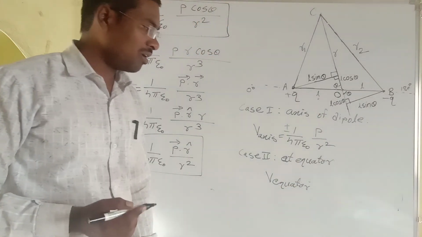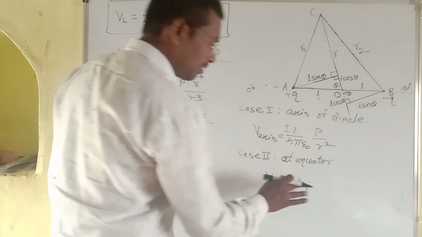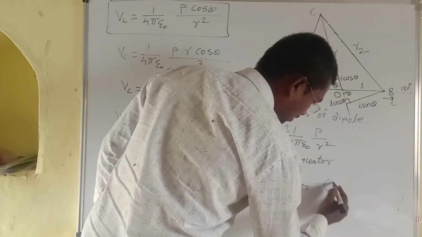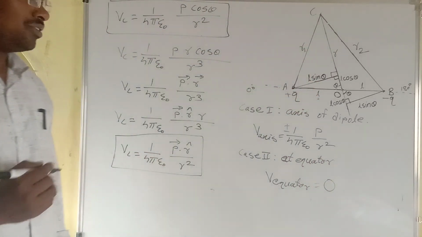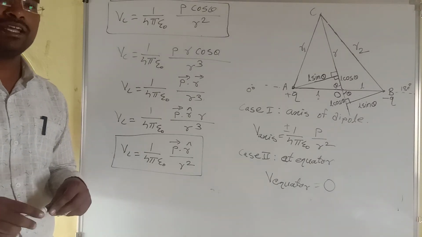In that case cos 90 is equal to 0. Therefore we get potential along that equator line as 0. This is about electric potential due to an electric dipole.